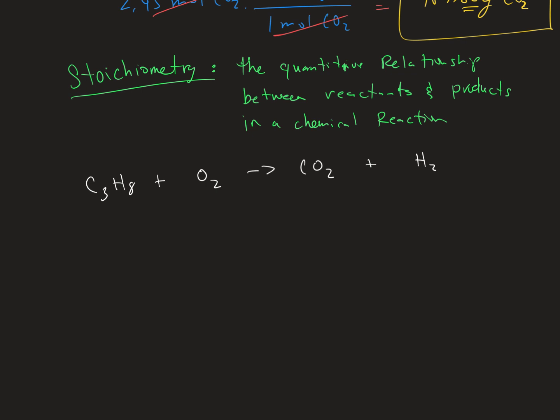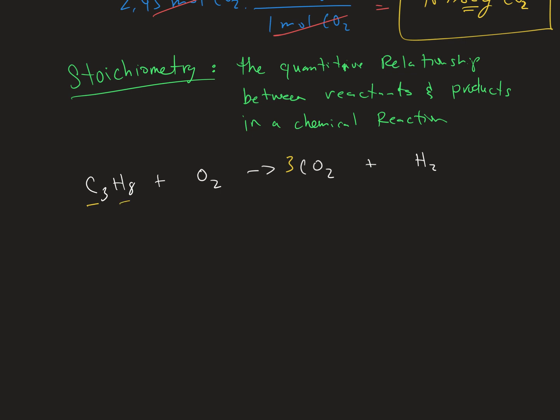All right. So first of all, before we can do stoichiometry, we have to do one other thing. We have to balance the equation. Otherwise, what we're doing is worthless. Okay? You must have a balanced equation. So if we do this, 3 carbons, 3 carbons. Y'all with me? 8 hydrogens.